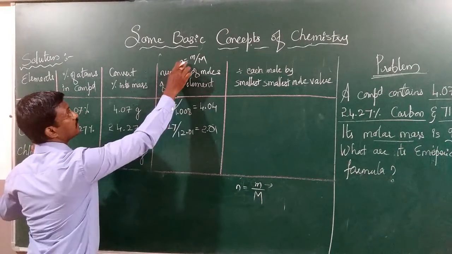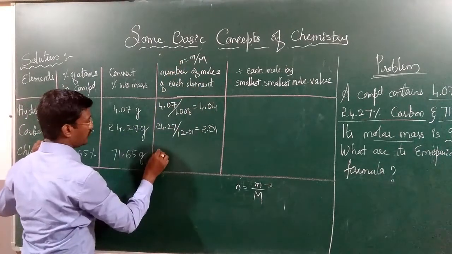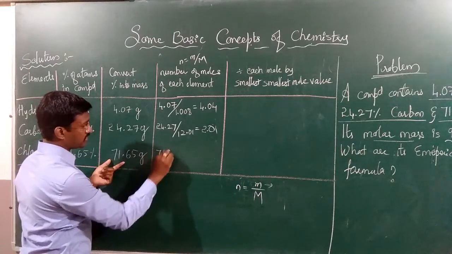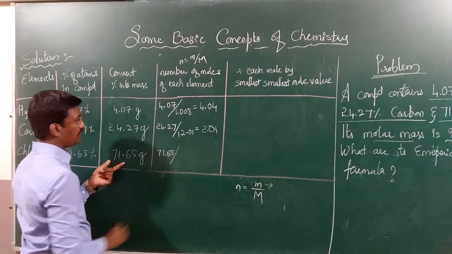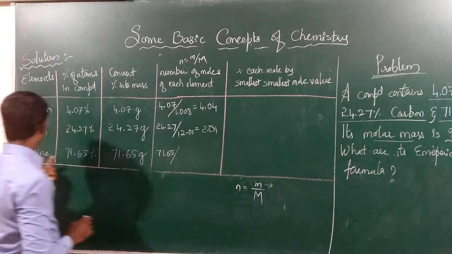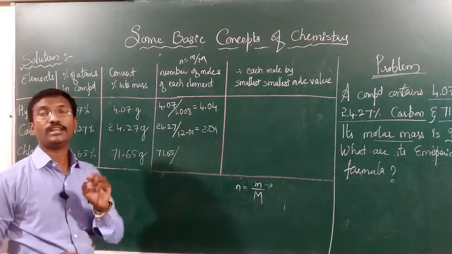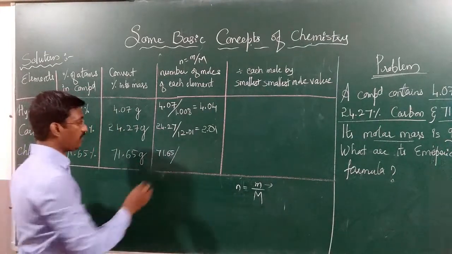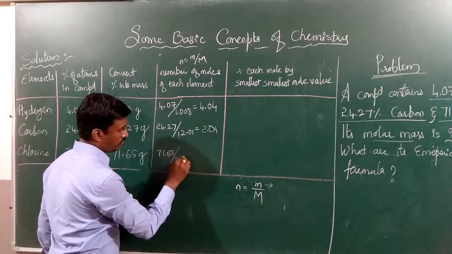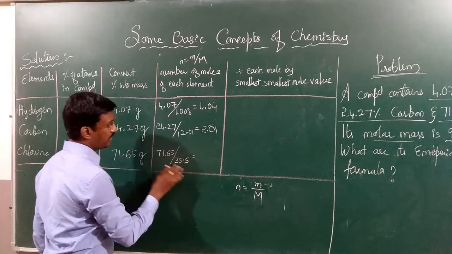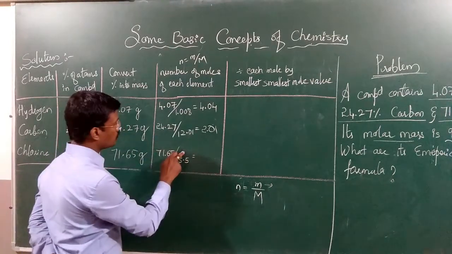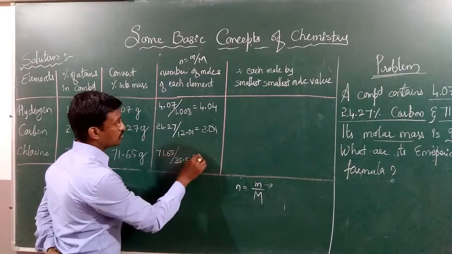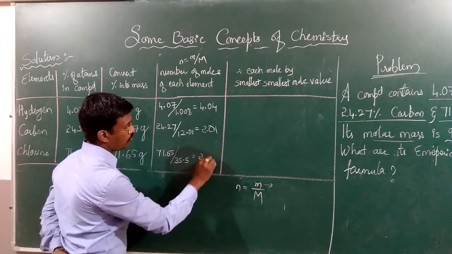Third one is n is equal to m upon capital M. m is given mass, that is 71.65 gram divided by the molar mass of chlorine. Each chlorine is having the mass 35.5. So by dividing this one, 35 2 is 70, here 0.5 is there. So around 2, we are getting the same 2.01.